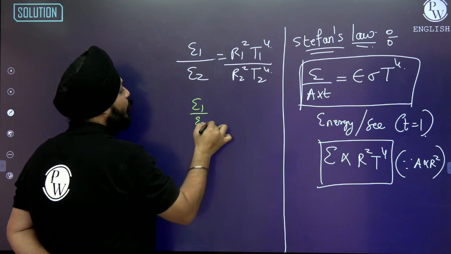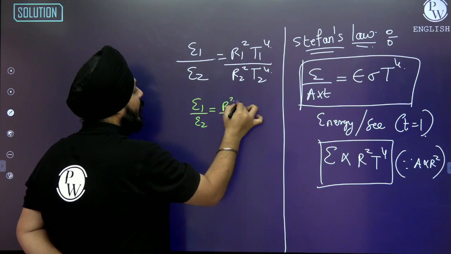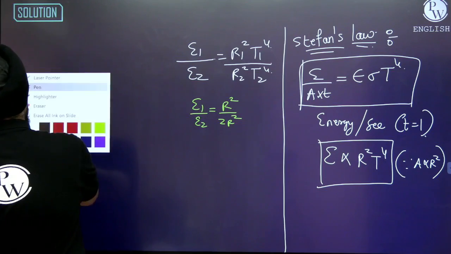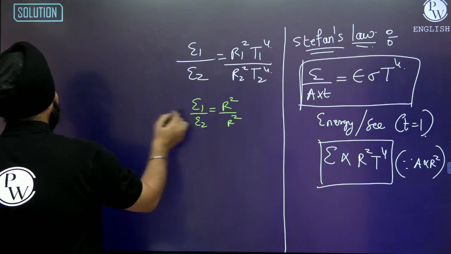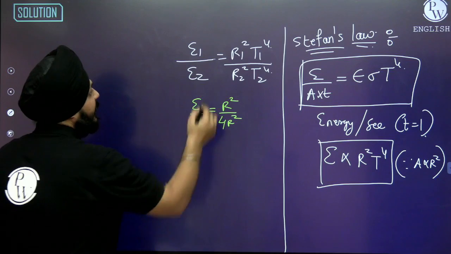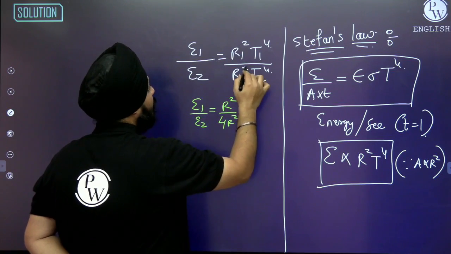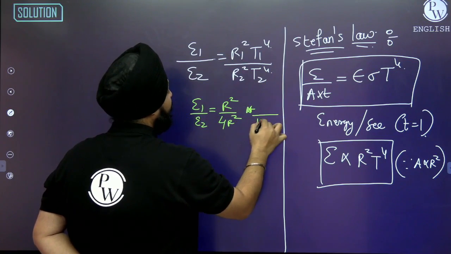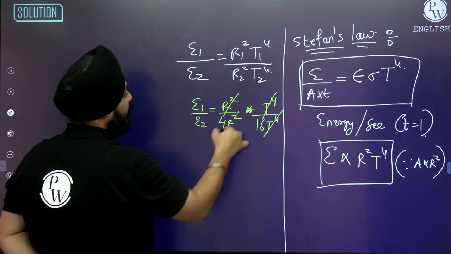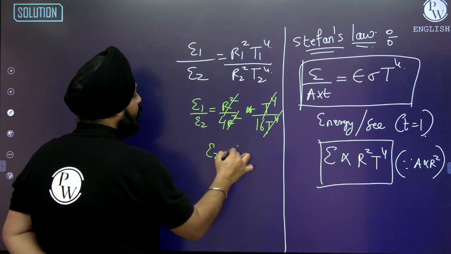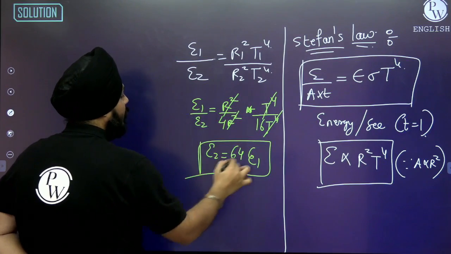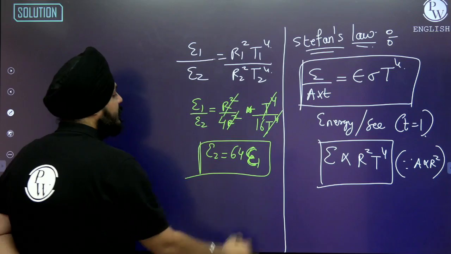So E1 by E2 will be equivalent to R square by 4R square. The temperature is changing from T to 2T, so it is 16 T to the power 4. This is going to get cancelled, and we are going to get E2 will be 64 times of E.